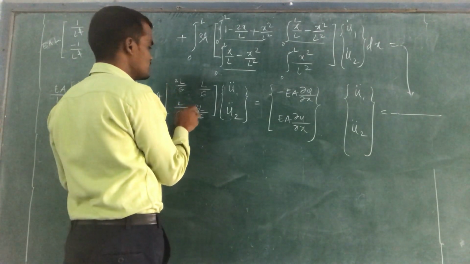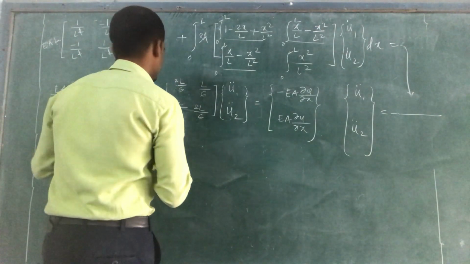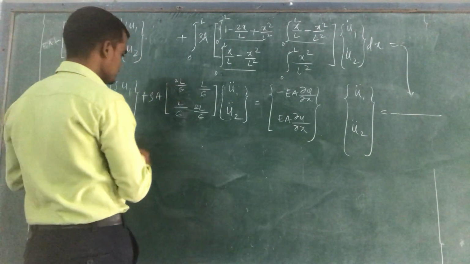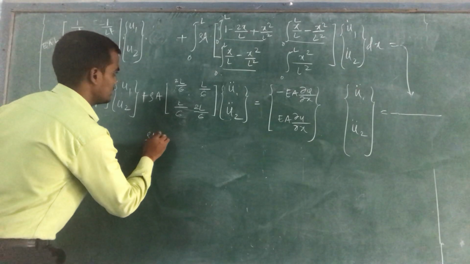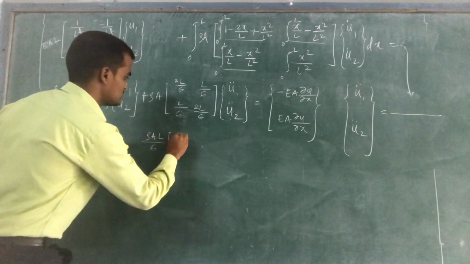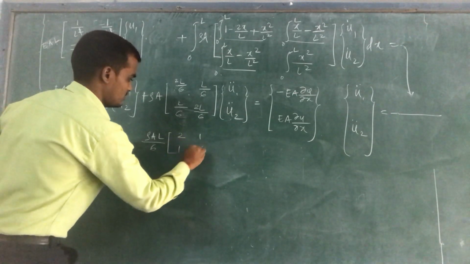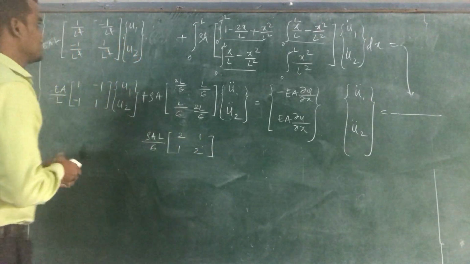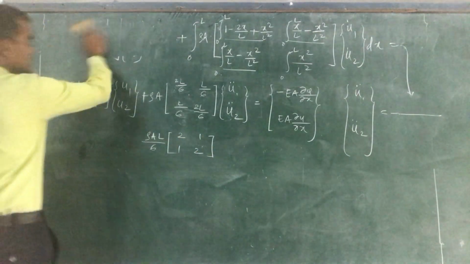So we need to take L by 6 as common, so this will become rho into A into L divided by 6 as common, so this will become 2, 1, 1.